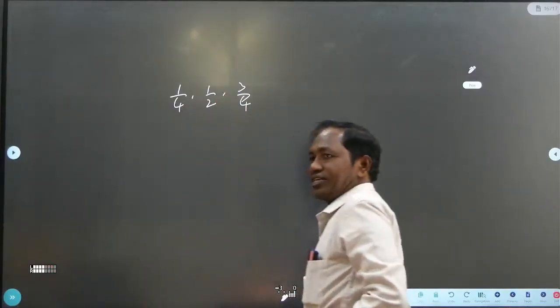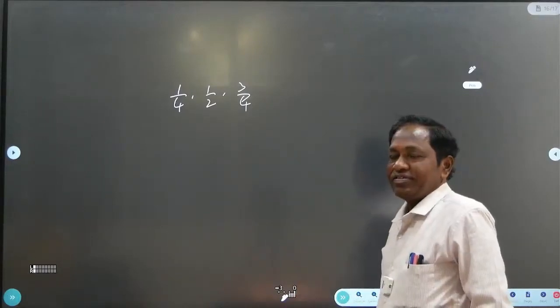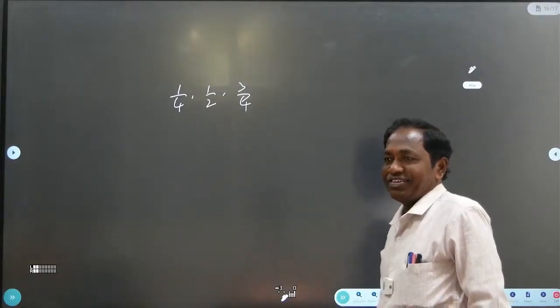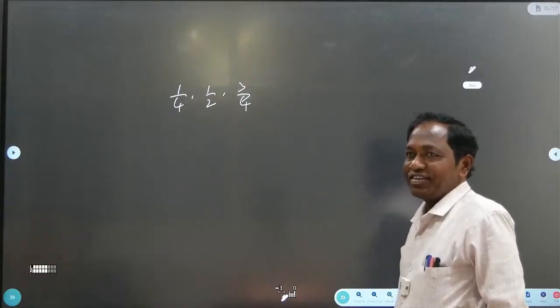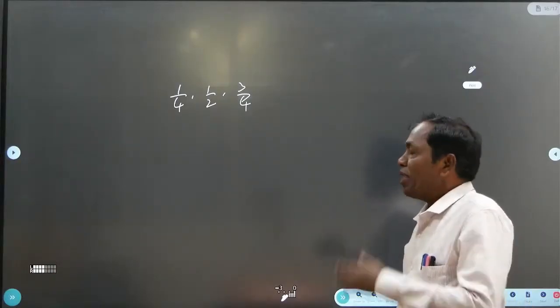Which is the largest number? 3 by 4. Which is the smallest number? 1 by 4. What is the difference between the smallest and largest? 0.5. Right.